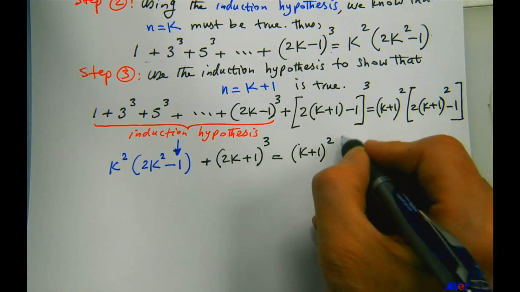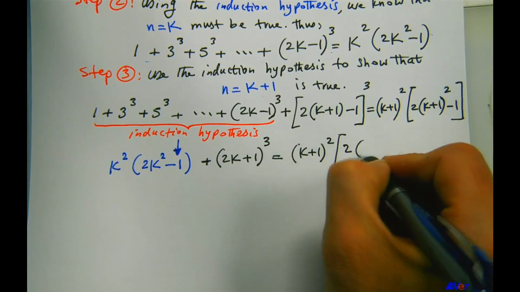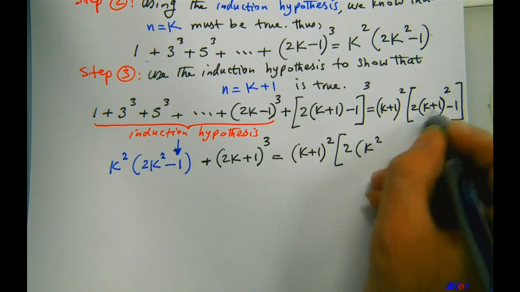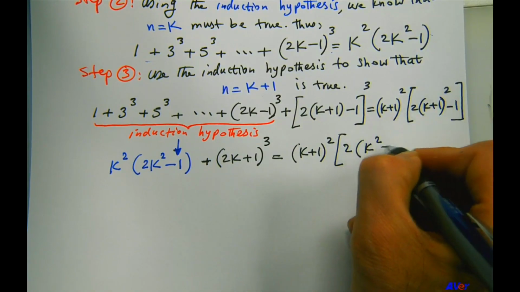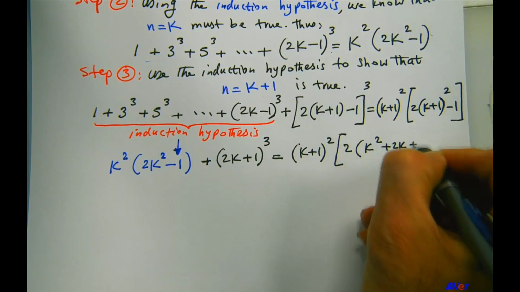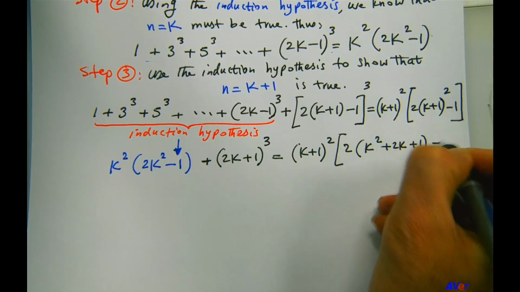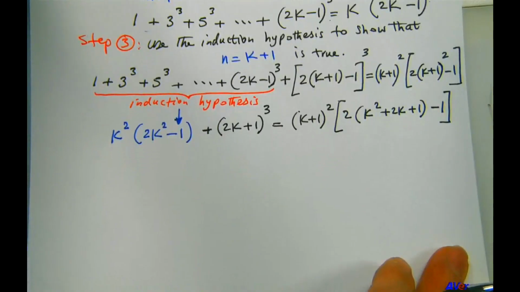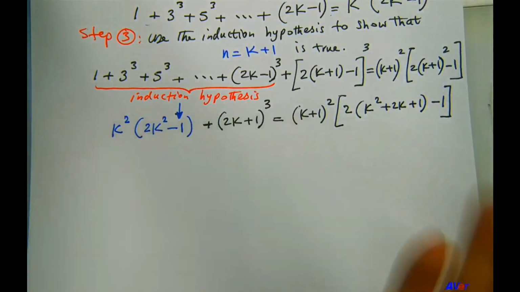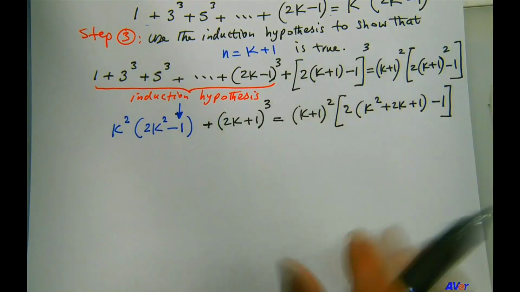So we have 2 times k squared plus 2k plus 1 minus 1, close bracket. Okay. It's all simplification after this step, right?